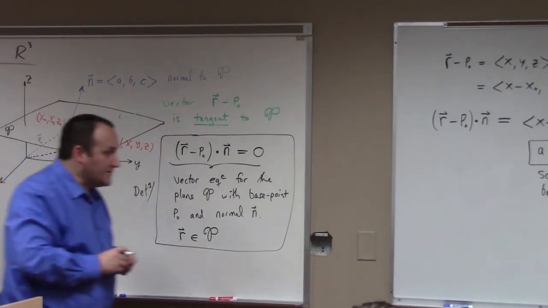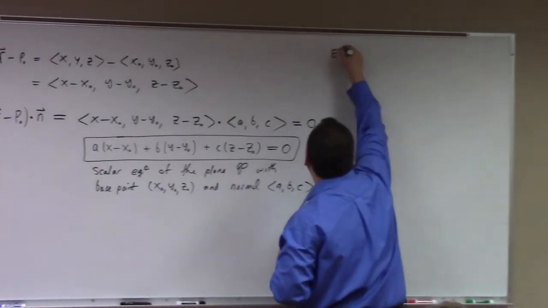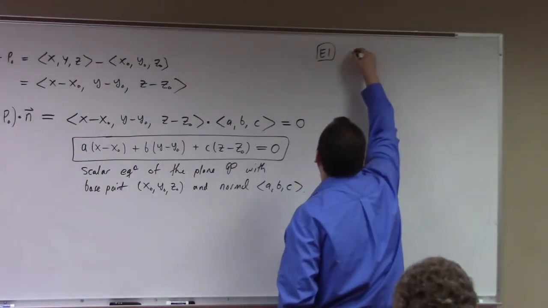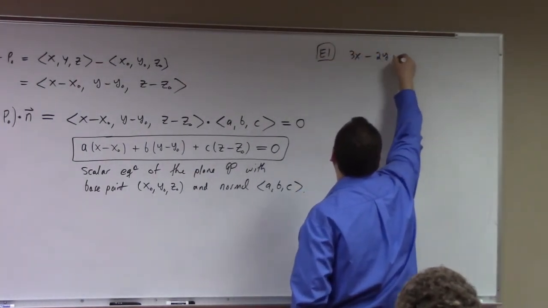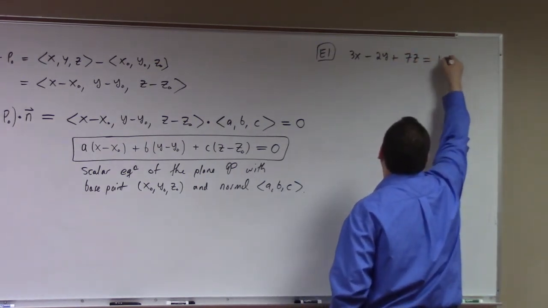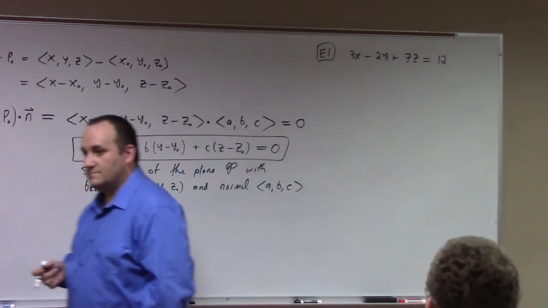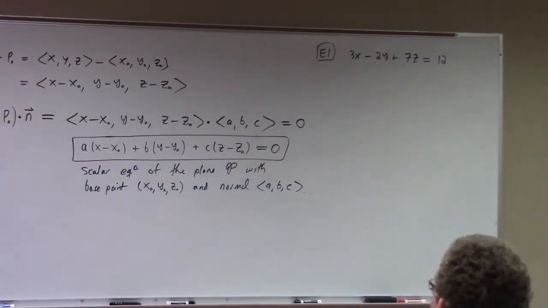Hey, let's look at some examples. If we have 3x minus 2y plus 7z equal to 12, right? Can you tell me a base point and a normal for this plane?